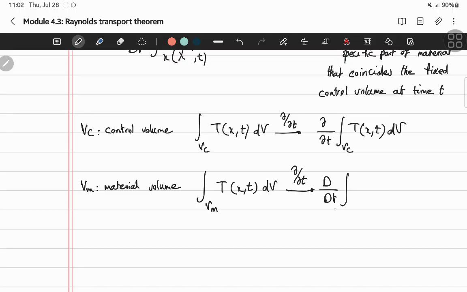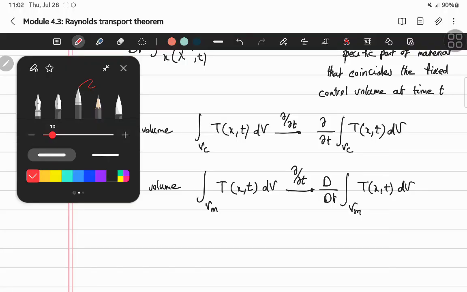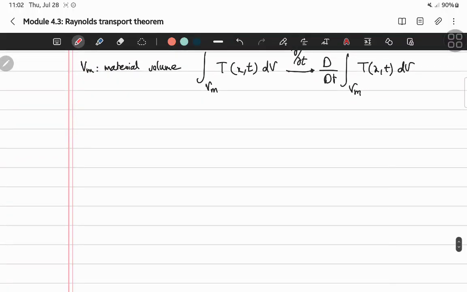So it becomes D Dt of the integral of T of x and t, dV over Vm. All right, so now let's get to the Reynolds transport theorem.